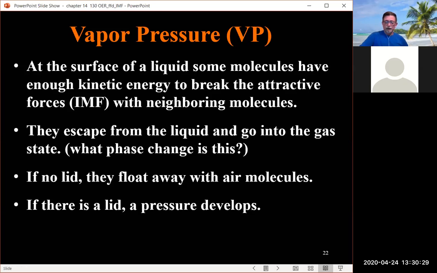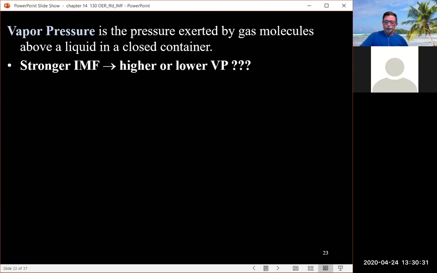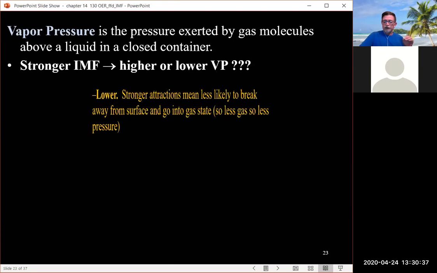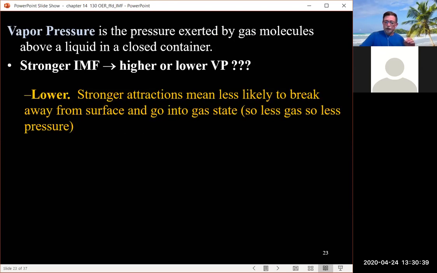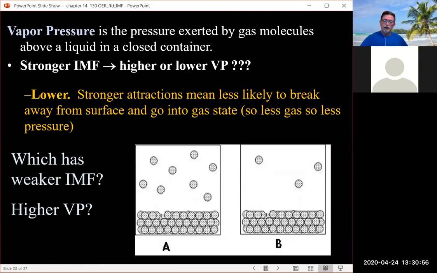So we're talking about a closed container, okay? Now, if you have a strong IMF, would one predict a higher or lower vapor pressure? And the answer is lower, okay? Because the stronger attractions will prevent molecules from easily escaping into the vapor phase or into the gas phase, okay?